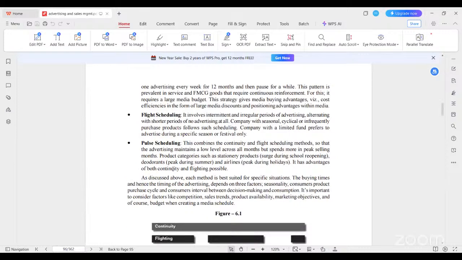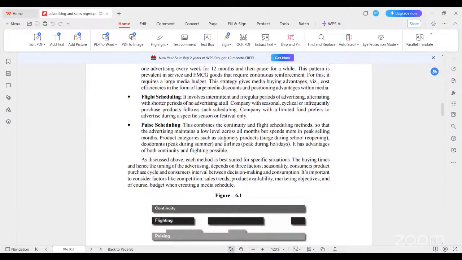Then what is pulse? Pulse is a combination of flight scheduling and continuity scheduling. It combines the continuity and flight scheduling methods so that advertising maintains a low level across all months but spends more in the peak selling months. Product categories such as stationery during the school season, when most people buy stationery, and deodorants, ice creams, and holidays in summer.